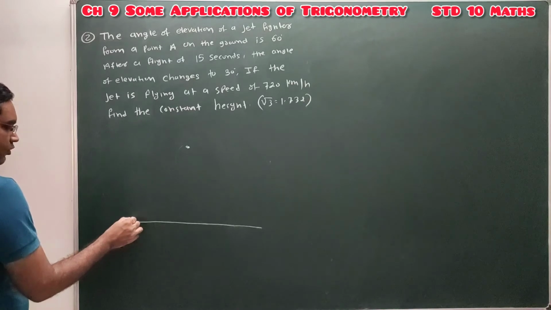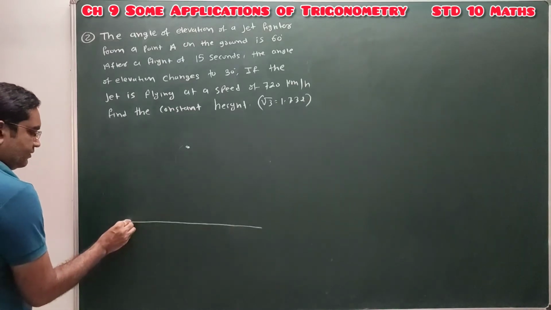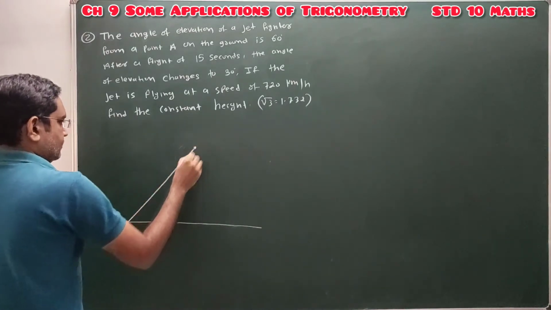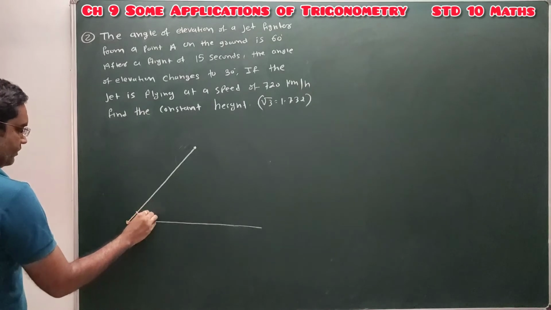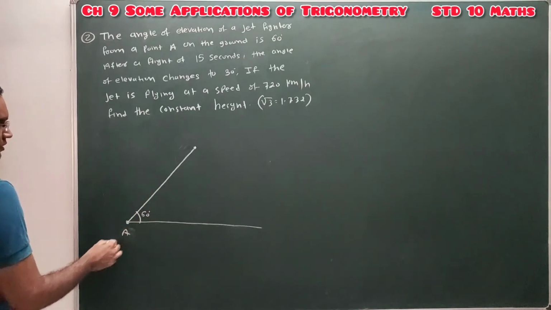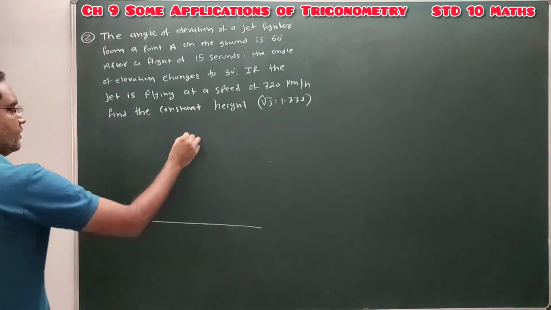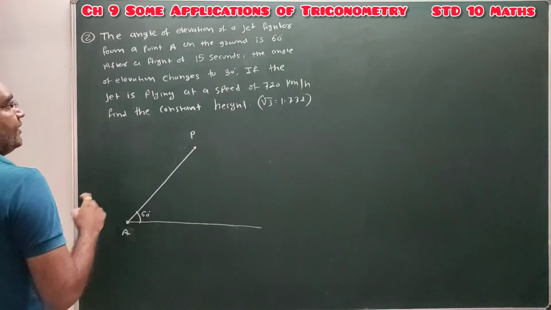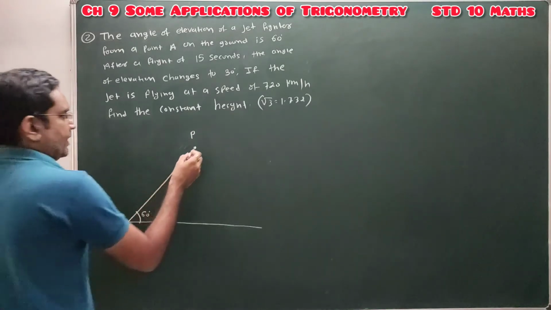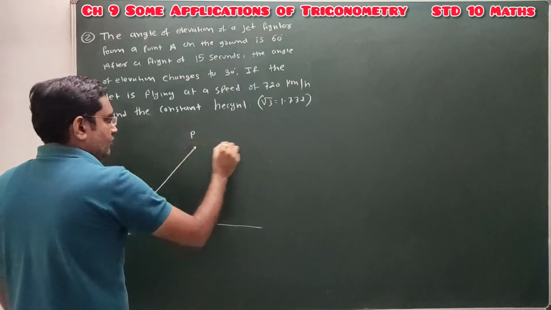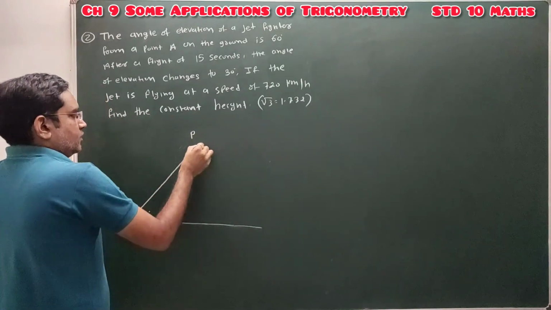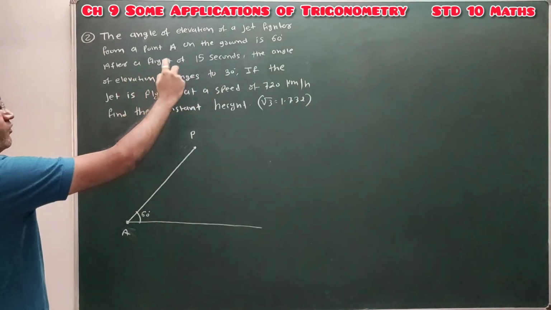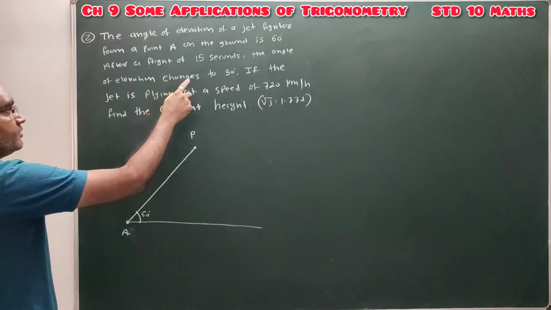So from this point A, the observer observes a fighter plane. The angle of elevation of this fighter plane is 60 degree. This is the point of observation and this is our fighter plane. This is the initial position of the fighter plane, suppose P. Now after a flight of 15 seconds, the fighter plane is moving in the rightward direction, because here it is given that after the flight of 15 seconds the angle of elevation changes to 30 degree.